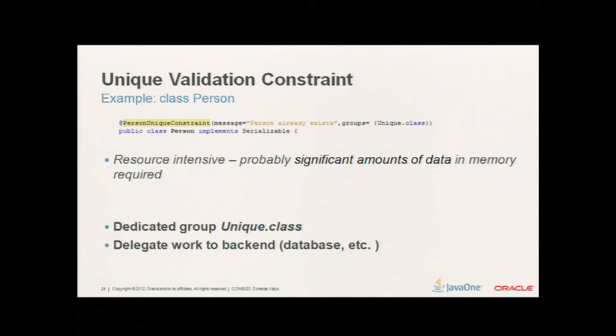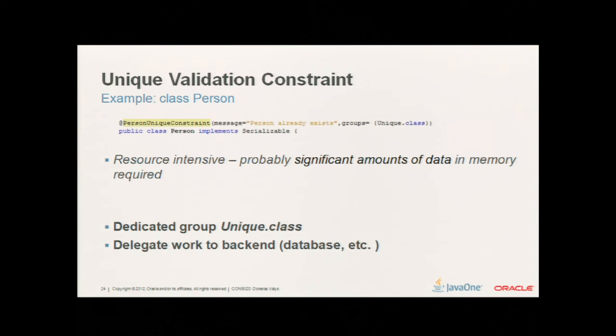One example is unique validation constraints. To check if a person exists, we need access to the whole data. Remembering the layers, we can't simply get all persons to some part of a system just to check if a person exists. So we have to delegate the work to our backend system, a database or cluster or whatever it is.